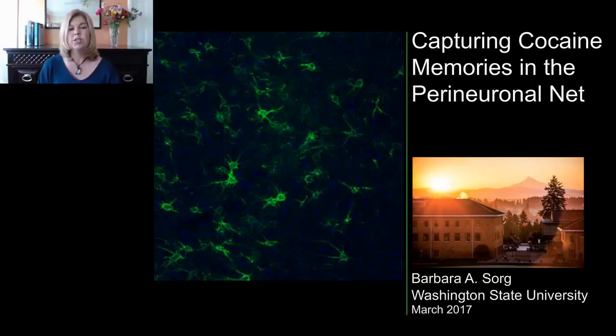She uses conditioned place preference and drug self-administration procedures to diminish cocaine-associated memories that are thought to cause relapse behavior. The majority of her studies examined the role of the structures called perineuronal nets that contribute to brain plasticity. Other studies focus on using these same models of drug addiction to determine how perineuronal nets are influenced by the day-night cycle and by sleep.